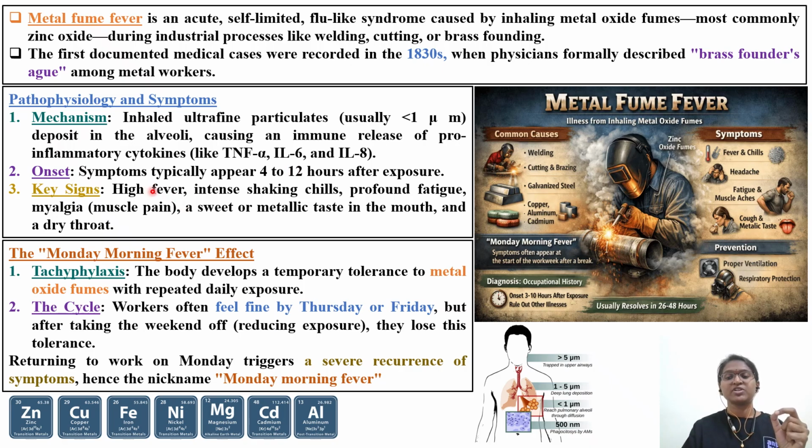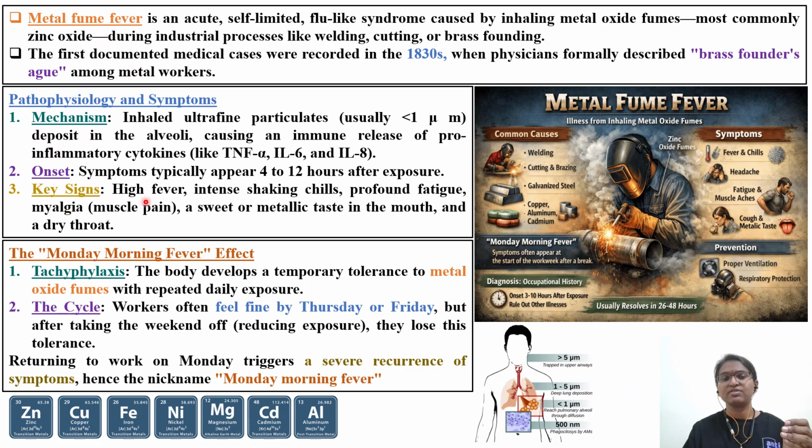How much time after a person is exposed to metal fumes does the fever appear? It takes around 4 to 12 hours after exposure. For example, if a worker works on a Monday or Tuesday in those conditions, after 4 to 12 hours he will start showing the symptoms.